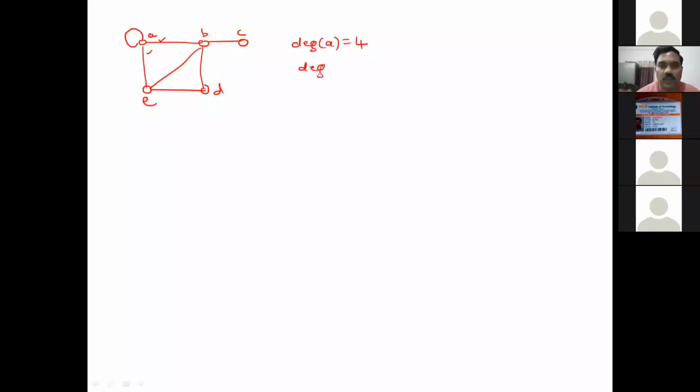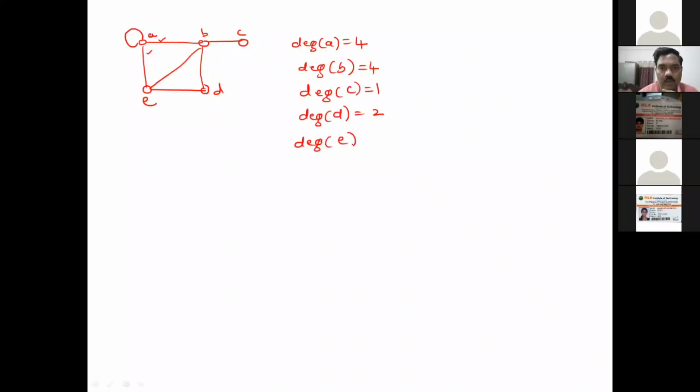And what is the degree of B? How many edges are there? 1, 2, 3, 4. What is degree of C? 1. Degree of D? 2.